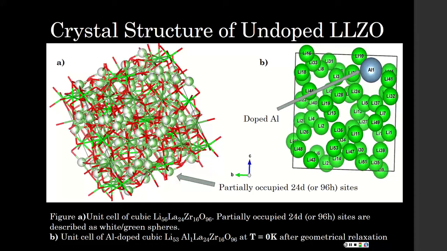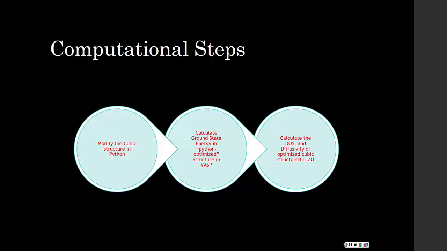Earlier we had 56 lithium atoms, now we have 53 lithium atoms and 1 additional aluminum. So the structure is charge neutral and aluminum doped. I will try to compare whatever I find for this aluminum doped structure and the undoped structure. If we divide my whole calculations, it can be in general in 3 different parts.